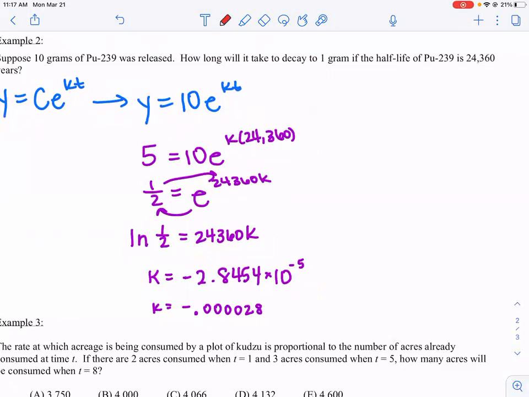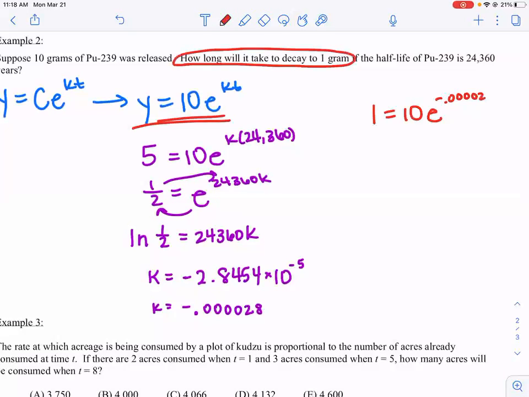Now, let's take this equation. I want to know how long it will take to decay to 1 gram. Where am I plugging in 1? So 1 equals 10 e to the negative 0.000028 t.